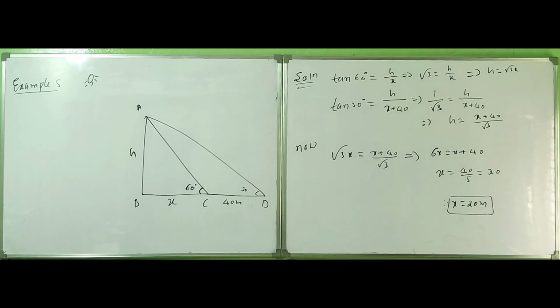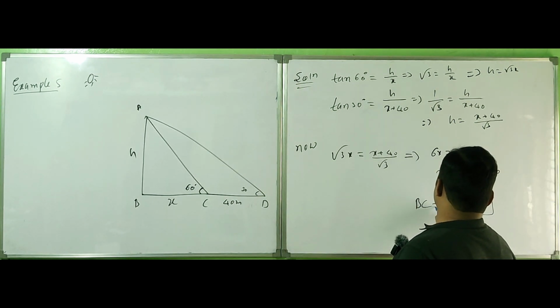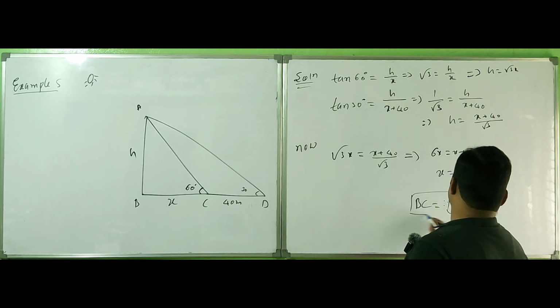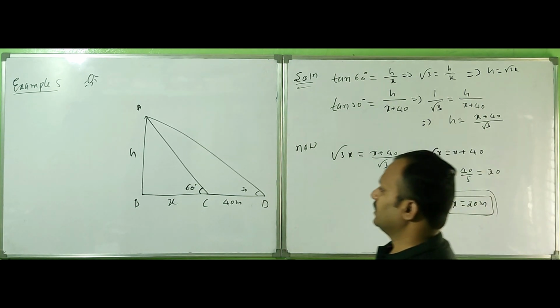We have to cross check the value. So BC is equal to x, which is 20. How do we cross check here?